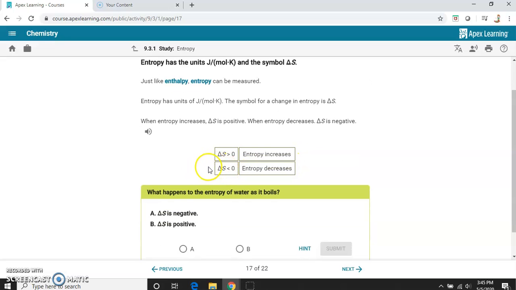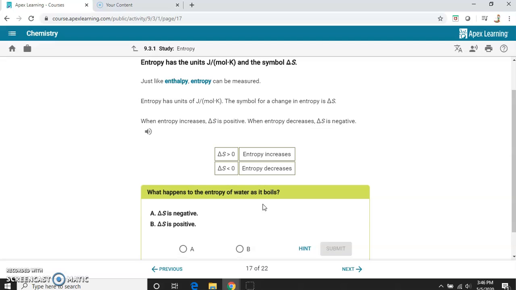Now, as entropy is increasing, as you're becoming more and more random, you have a positive value. However, when you're getting more orderly, your stuff's coming together, the plate's being put together, it's negative. This is an important table to remember, probably because they're going to ask you a few questions back and forth.